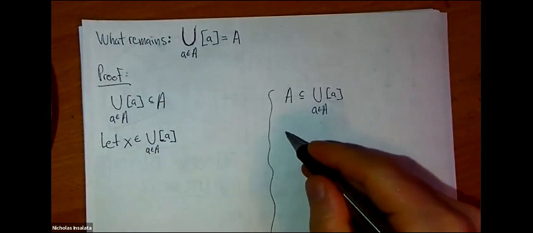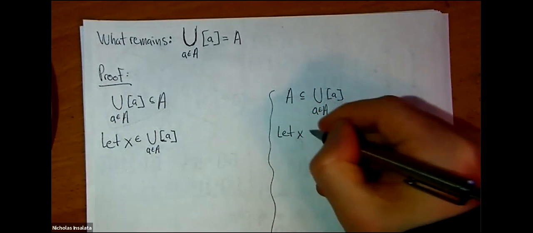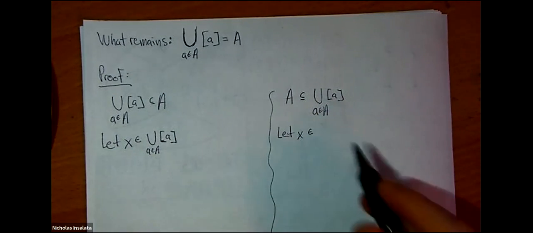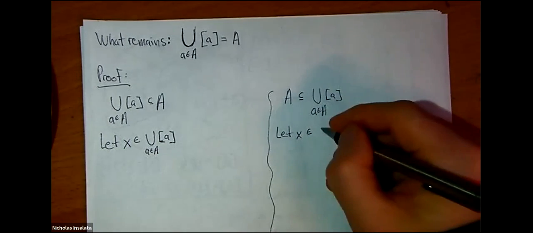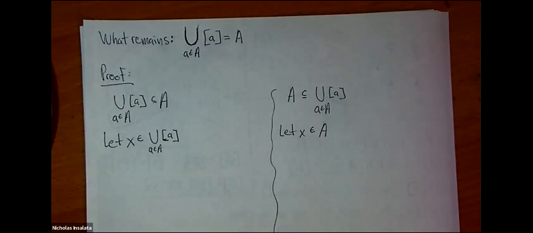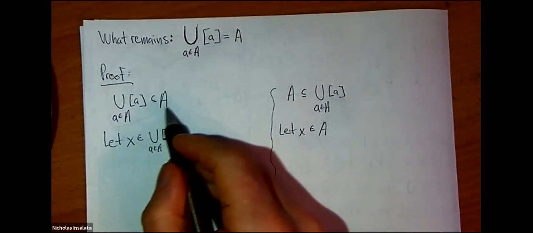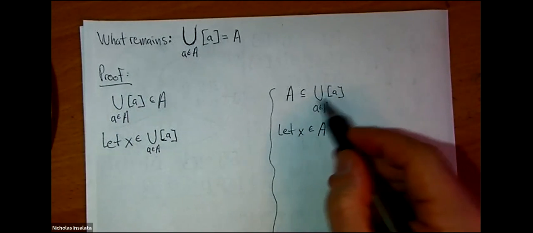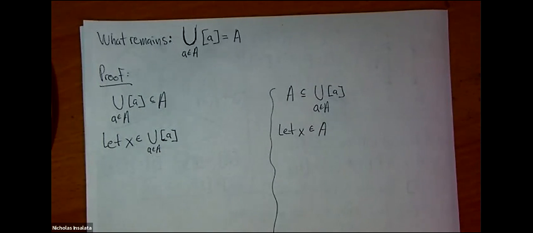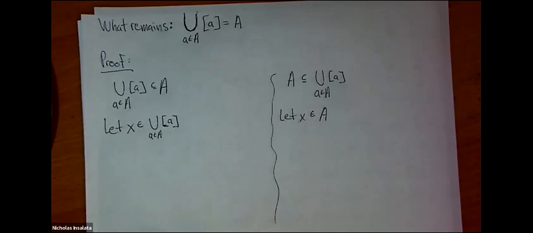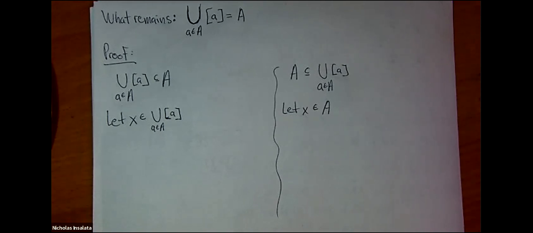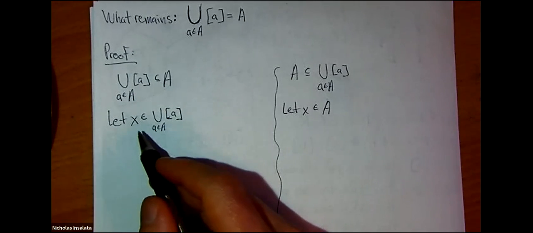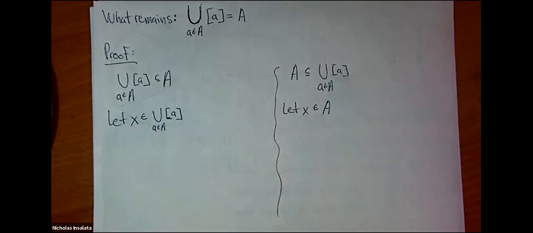And over on this side, we'll have let X be an element of what on the other side here? Big A. Perfect. Okay. And then we're going to show on the left that X must be an element of big A. On the right, we'll show X must be an element of the union of equivalence classes, right? Okay, so now I'll finish out one side before I go to the other. I'll stop going back and forth. I think that's confusing. So let me stop doing that. Okay, so let's stick on the left for a minute. Okay, so we've got X is in the union of equivalence classes. What do I do next?